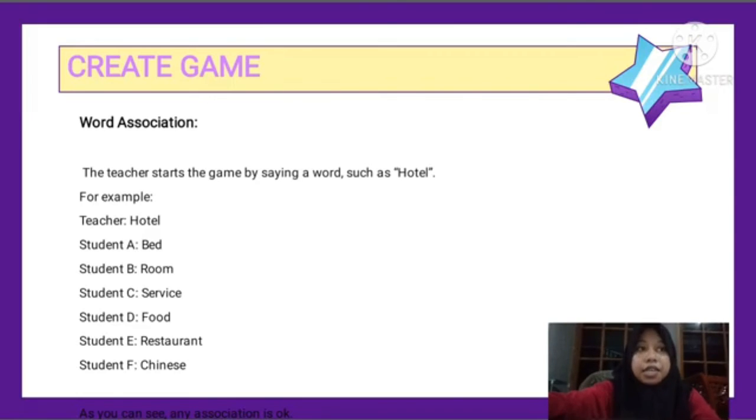As you can see, any association is okay. If the students cannot answer in 5 seconds, he or she must stand up. The last student seated is the winner. If the association is not obvious, the student is asked to explain the association.